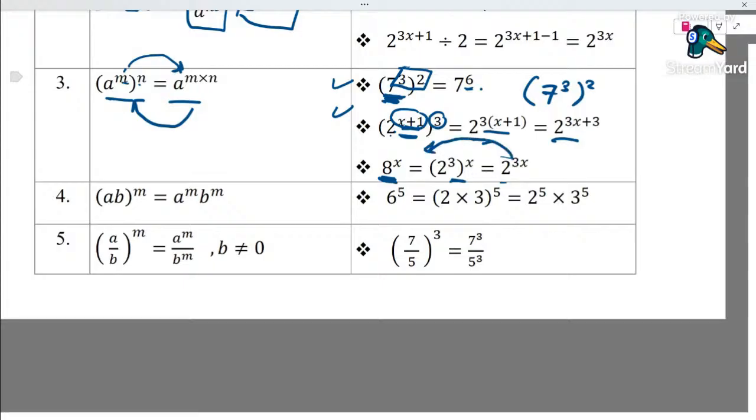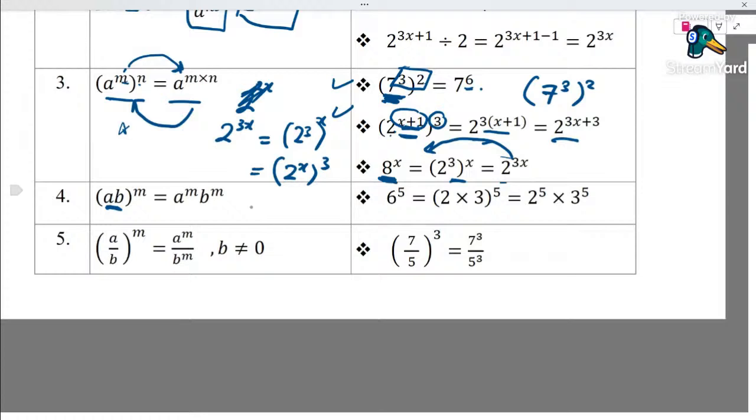Let's say I reverse the process from 2 to the power of 3x to become 2 power of 3 power of x, or maybe I can reverse the process to become 2 power of x power of 3. You may see this idea in some cases of simplification later. Next, for the case where I happen to have two terms multiplied together and they are being powered.